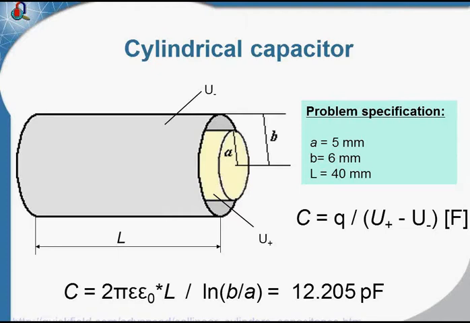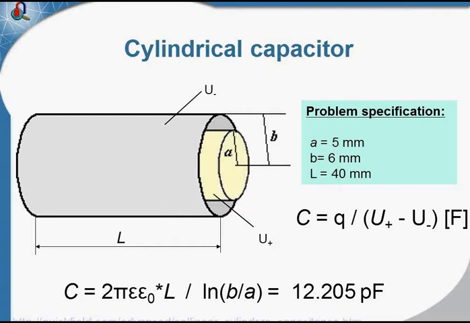For this simple case, the capacitance can be calculated analytically. You can see the equation at the bottom of the screen. As you can see, the capacitance is a geometric parameter. It doesn't depend on the voltage applied.